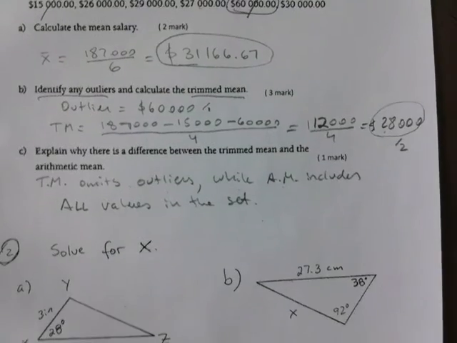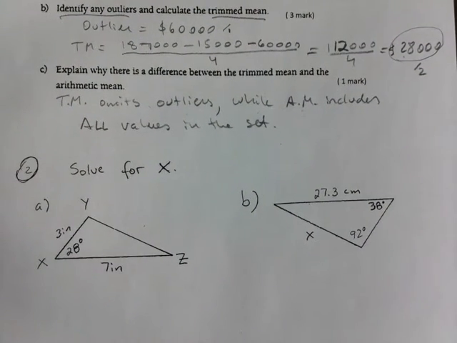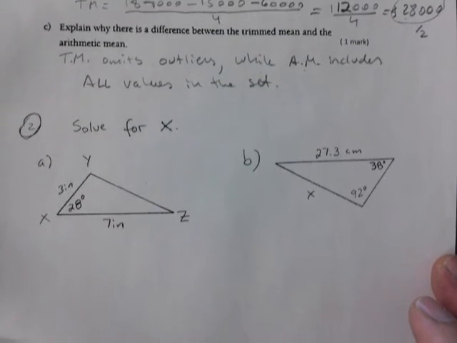That's basically the main difference. Sometimes I ask, which one would you use? Which trimmed or the arithmetic? You should say trimmed mean, right? Because the outlier is kind of like an anomaly. It's not normal. Let's take it out, and then we'll have a better idea of what generally is the case. Okay.